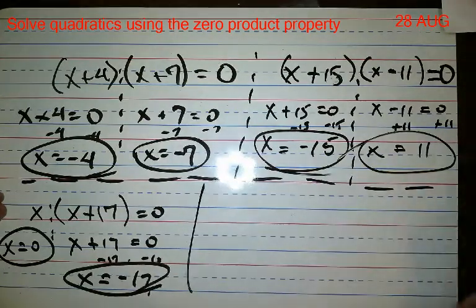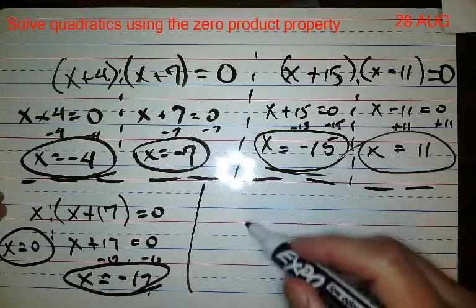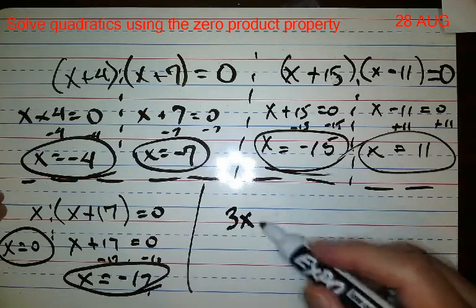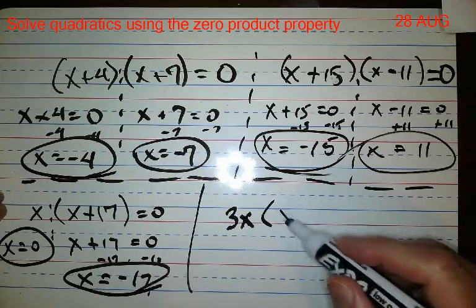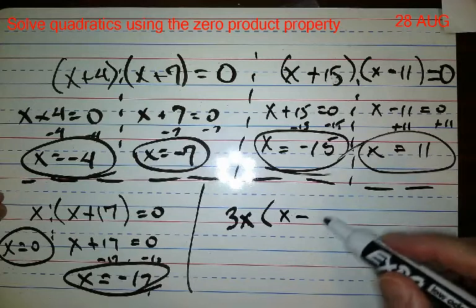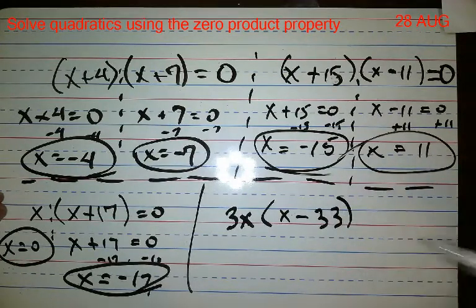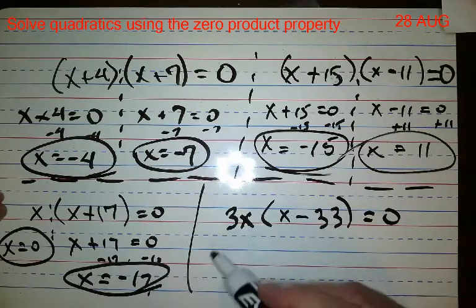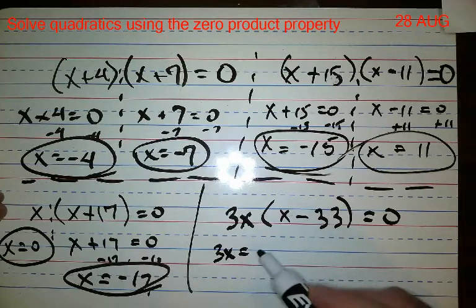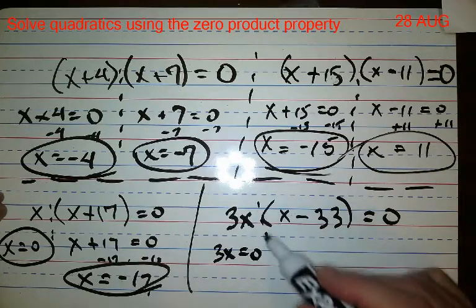So let's try another one like that. What if I had 3x out in front and then x minus 33 inside? Well, now 3 times x has to equal 0, because remember, you cut it right there.